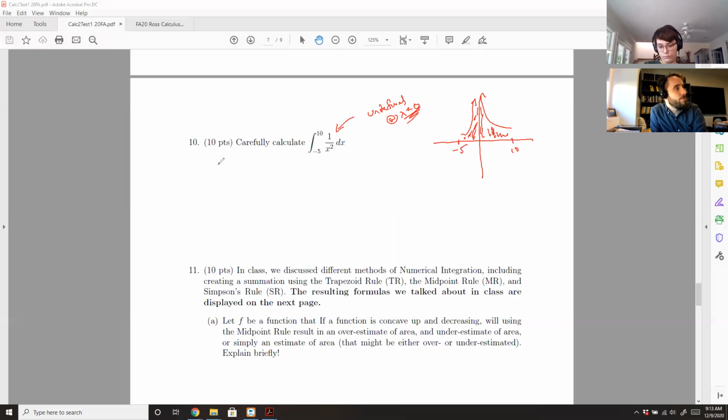We then had to break this up into 2 different integrals, from -5 to 0 and from 0 to 10. Then we calculate each of these integrals separately and add them together.